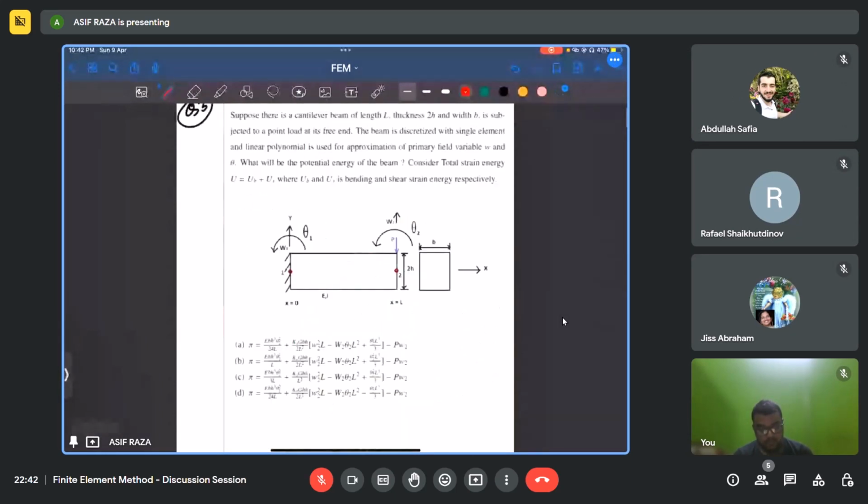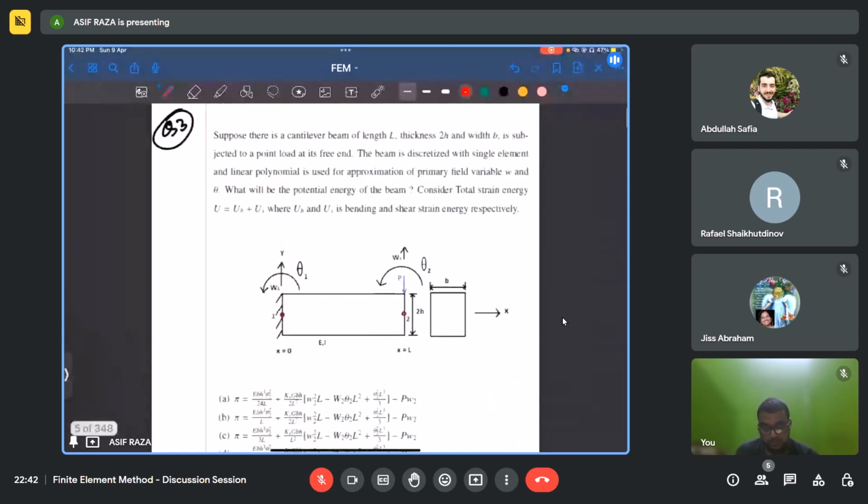This one needs to be solved directly. Suppose there is a cantilever beam of length L, thickness 2h, width B, subjected to a point load at its free end.